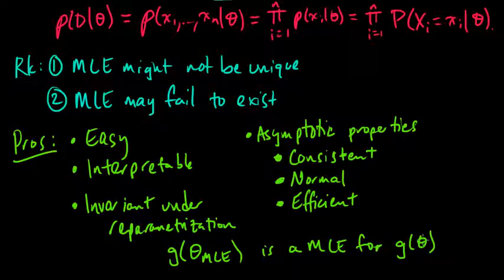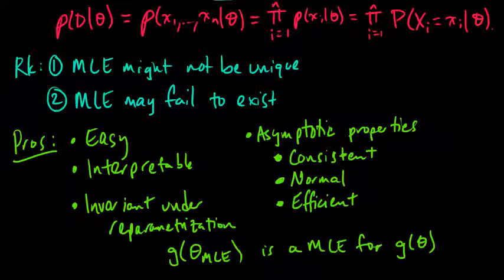So if you have your original parameter theta that you're trying to estimate, like the mean of a Gaussian, for example, and you take some function of it, like maybe you square it, and you want the MLE for the square of the mean, then this says that, in fact, you just square the MLE for the mean, and that's your MLE for the square.